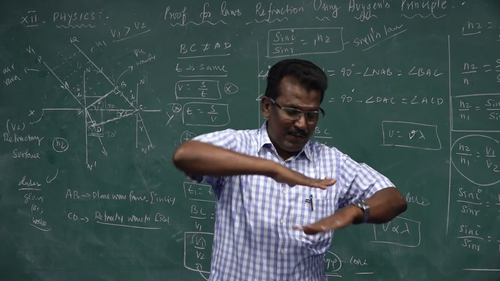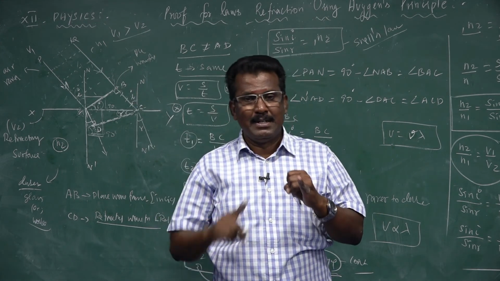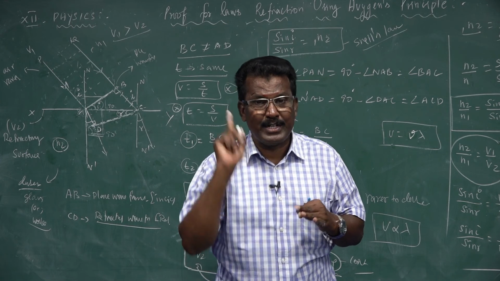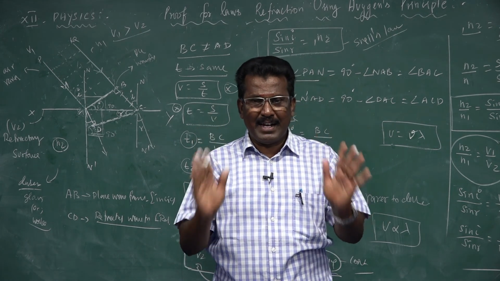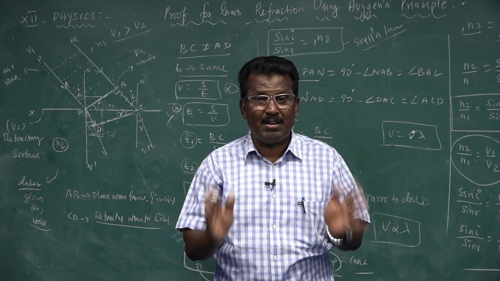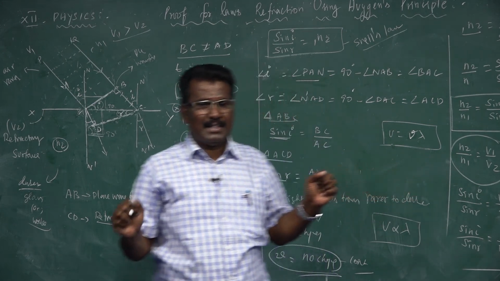When light travels from denser medium to rarer medium, the wavelength increases, the velocity increases, but the frequency remains constant. Wherever the light travels, the frequency always remains constant. Wavelength and velocity vary.